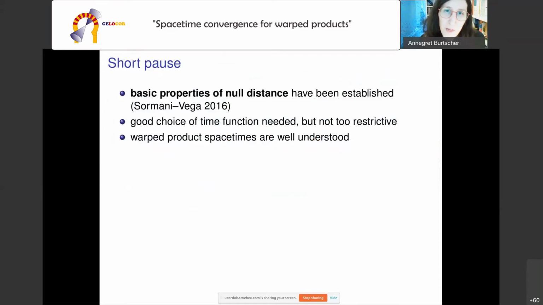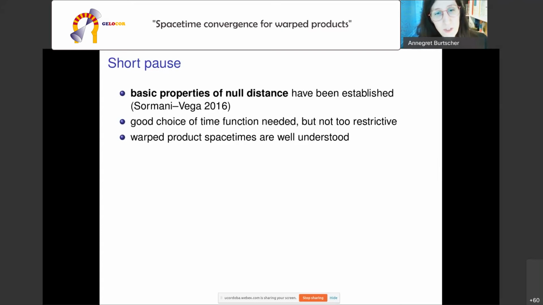Now I just want to summarize this again and then move on to actually study the convergence. So what I tried to argue so far is that we have this notion of null distance, and a lot of basic properties have already been established by Sormani and Vega. What you need to pick is a good time function, but it's not too complicated to pick a time function.